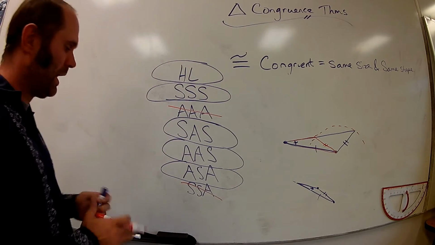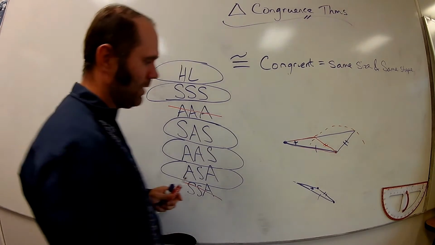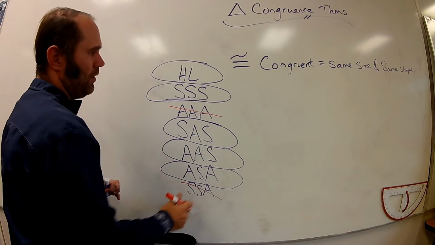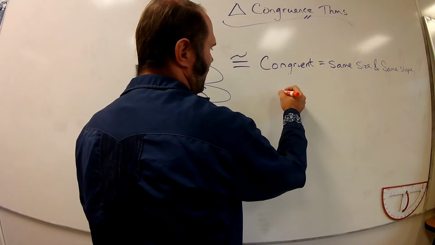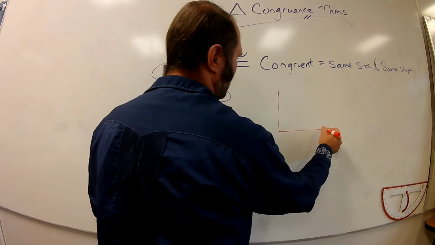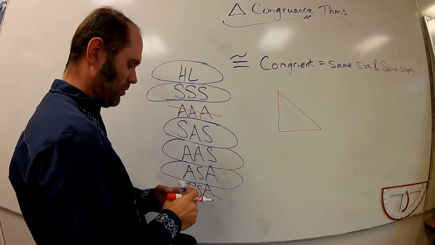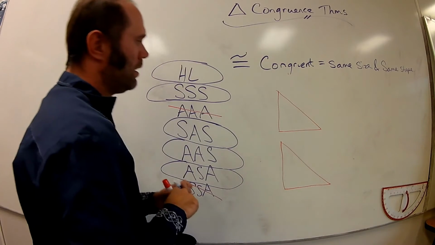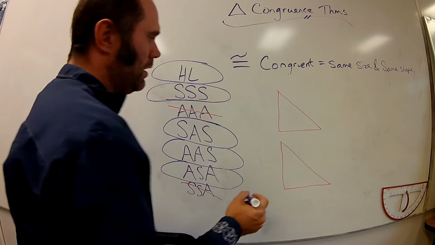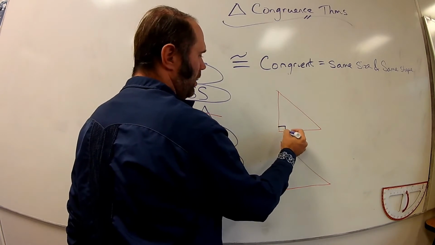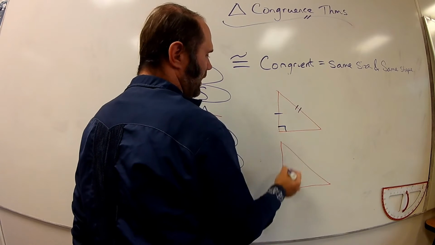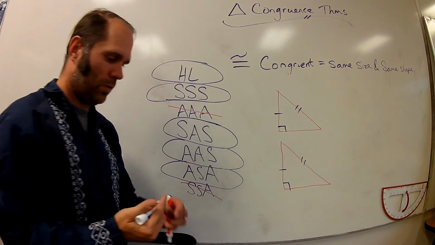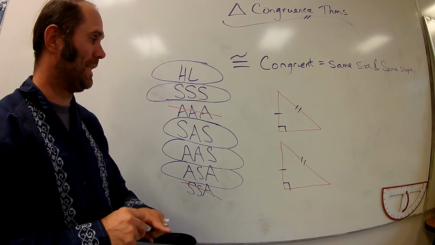There's a special time when angle, side, side works, but only in special circumstances. So here's the one that it actually works in. So you have your two triangles. They are congruent with angle, side, side only if we know the angle is 90.